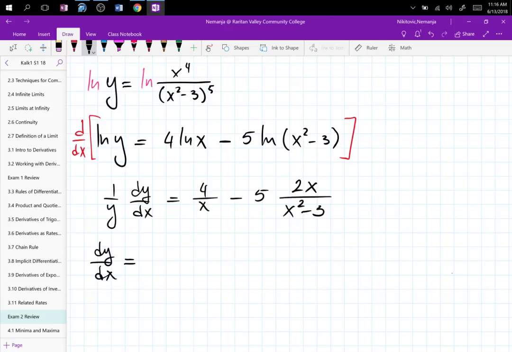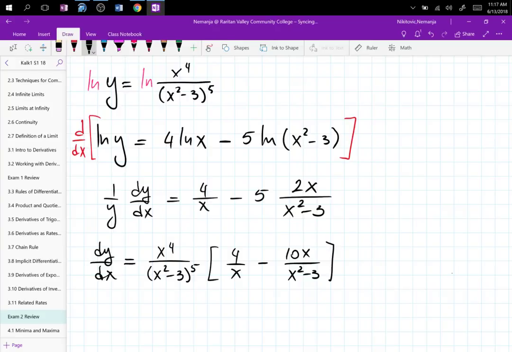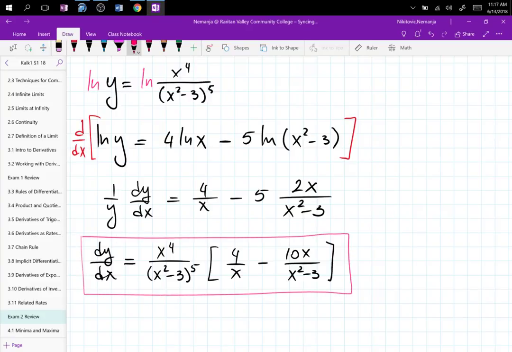And on this side, the y is x to the fourth over x squared minus 3 to the fifth times 4 over x minus 10x over x squared minus 3. As you can see, this derivative is already factored, ready to be set equal to 0 to find the values.